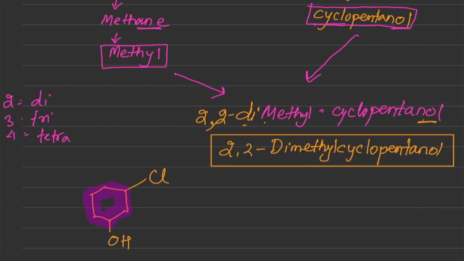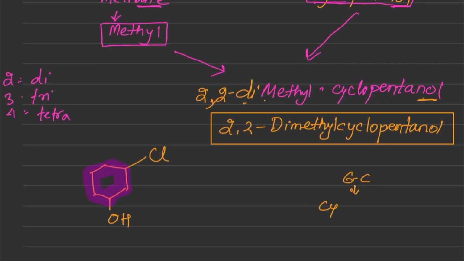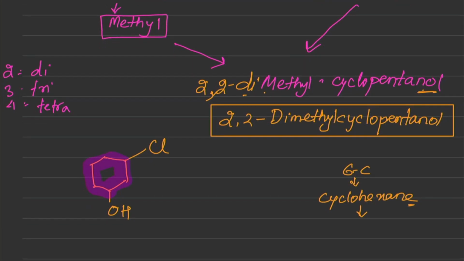It has how many carbon atoms? 6 carbon atoms. So we're going to call it cyclohexane because it is cyclic. That means the last E would be replaced by ol, giving cyclohexanol.